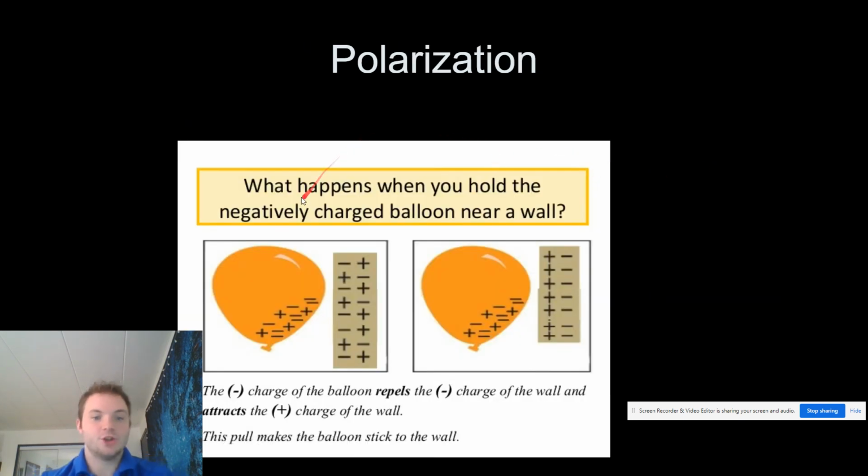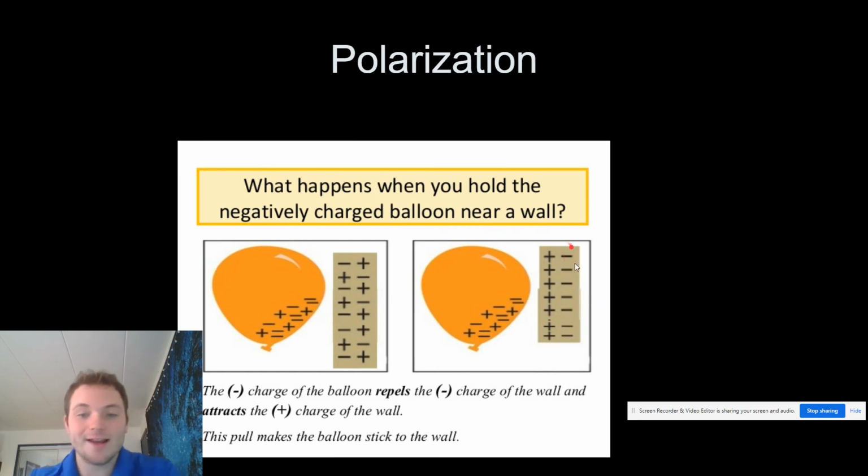All right. So this balloon is negatively charged. So it's overall negative. It's got a few positives in there, but it's got more negatives. The wall is neutral. You bring the balloon near the wall, and what happens? The negatives get pushed away in the object.